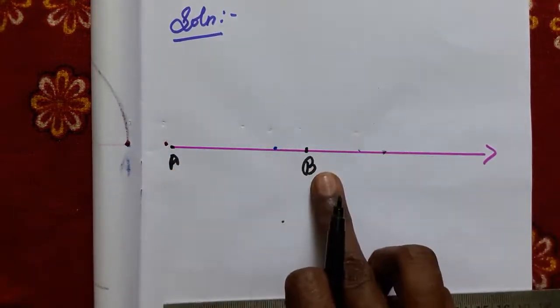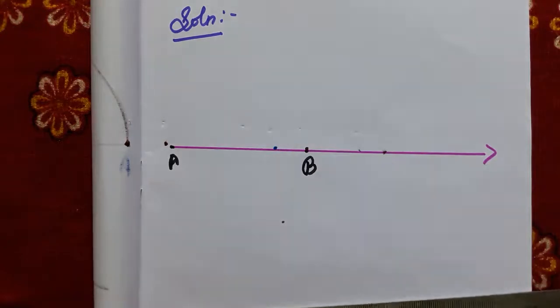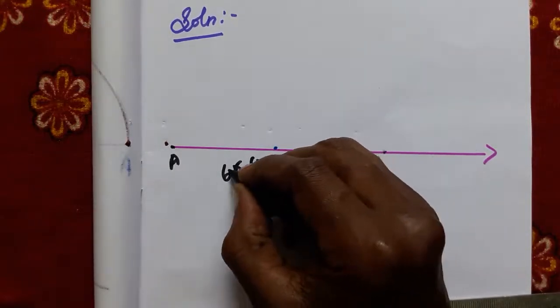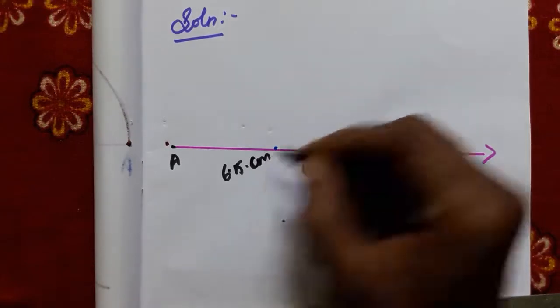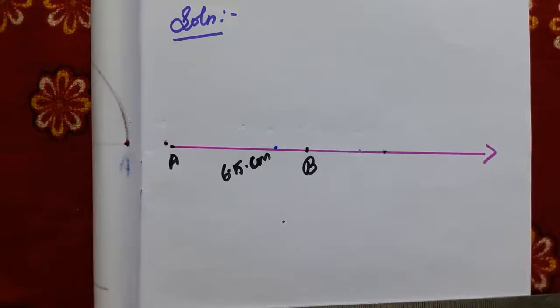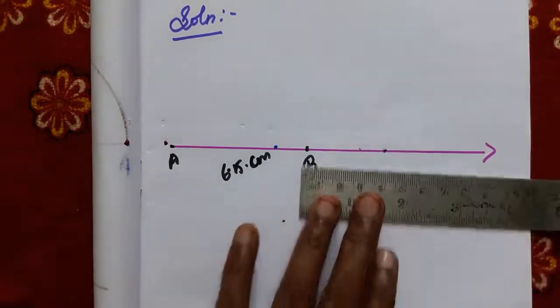Mark a point B such that AB is equal to 6.5 centimeter. Now AB is equal to 6.5 centimeter. Next what? Yeah, very good. BC.